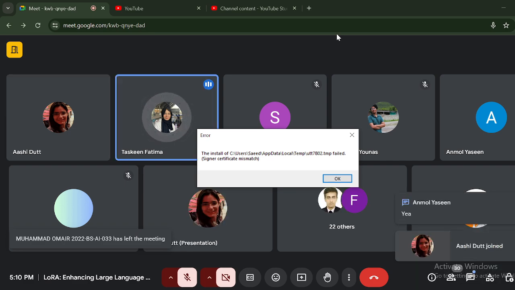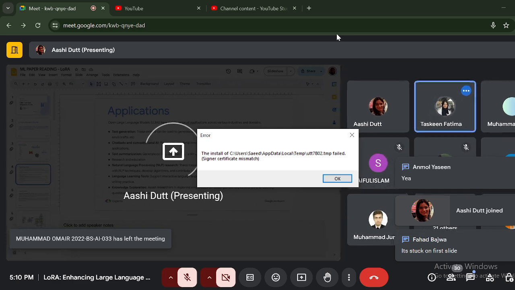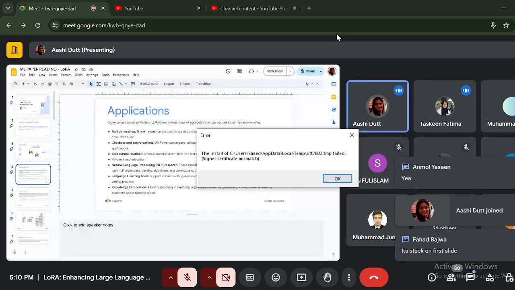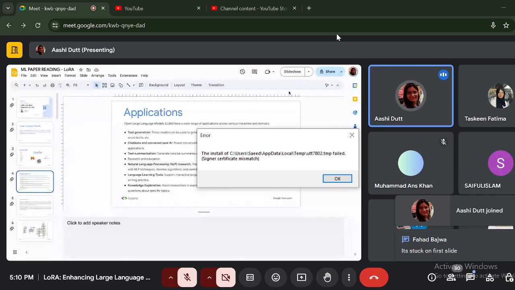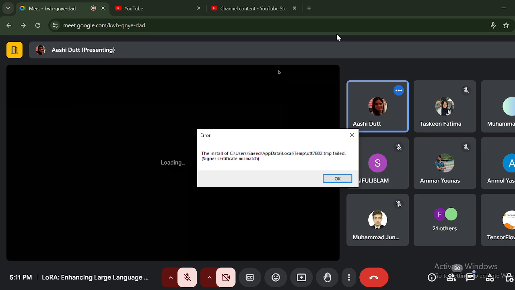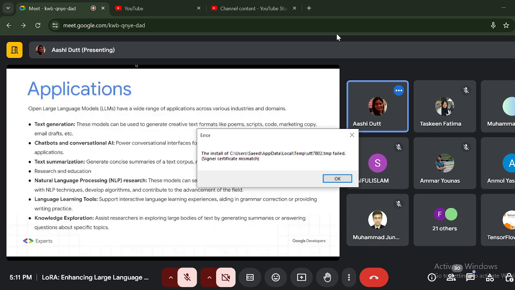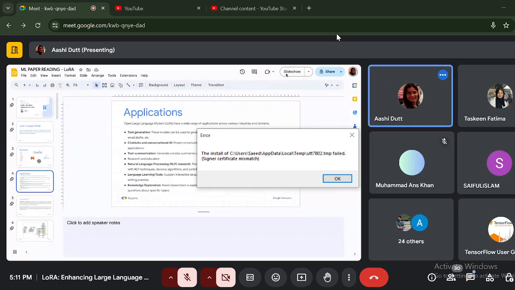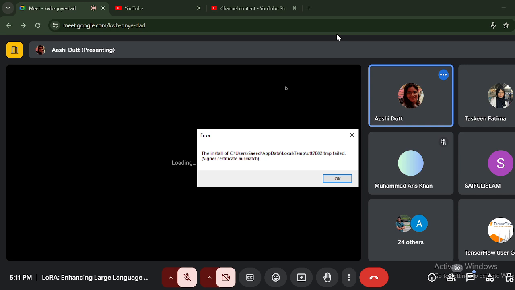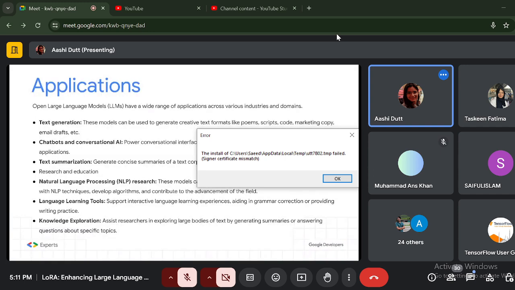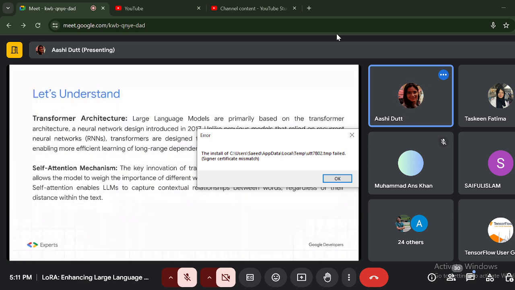I should try sharing one tab only. Yeah, I'm trying that now. Does it work now? Yes, it does. Cool.